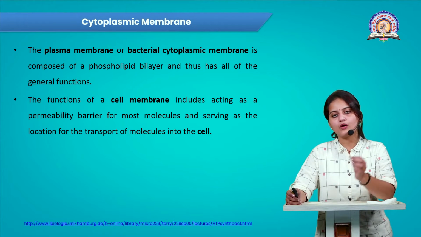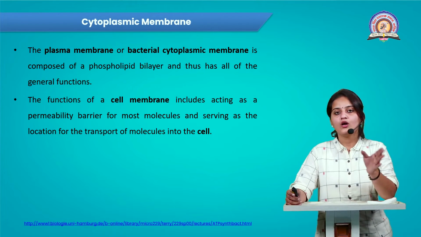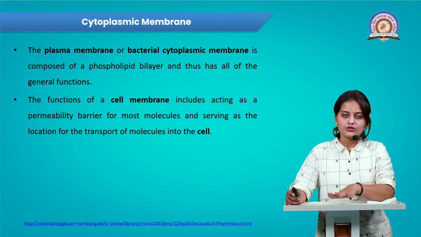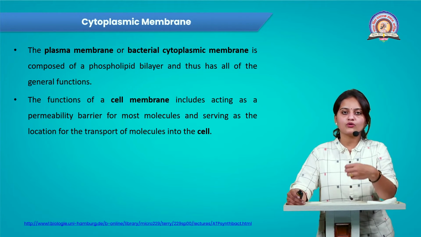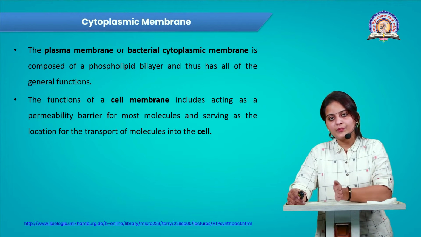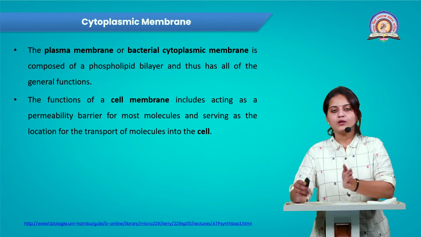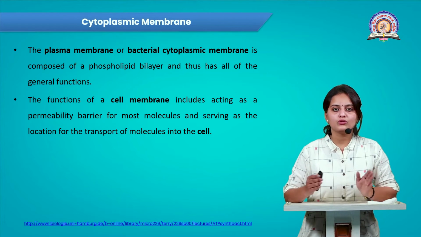Whenever we are talking about permeability, it is always associated with osmolar balance. Whenever we discuss osmotic shock or osmolarity, it must contain a semi-permeable membrane, and through that semi-permeable membrane only, the molecule concentration remains balanced on both sides.